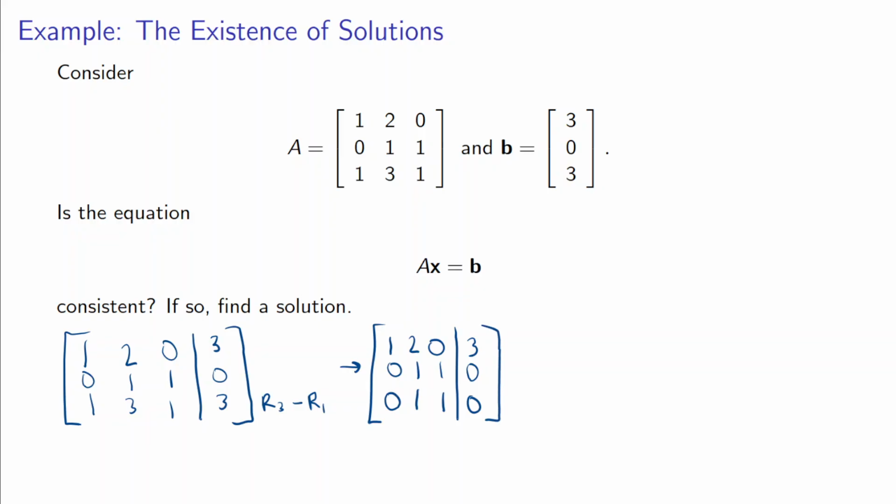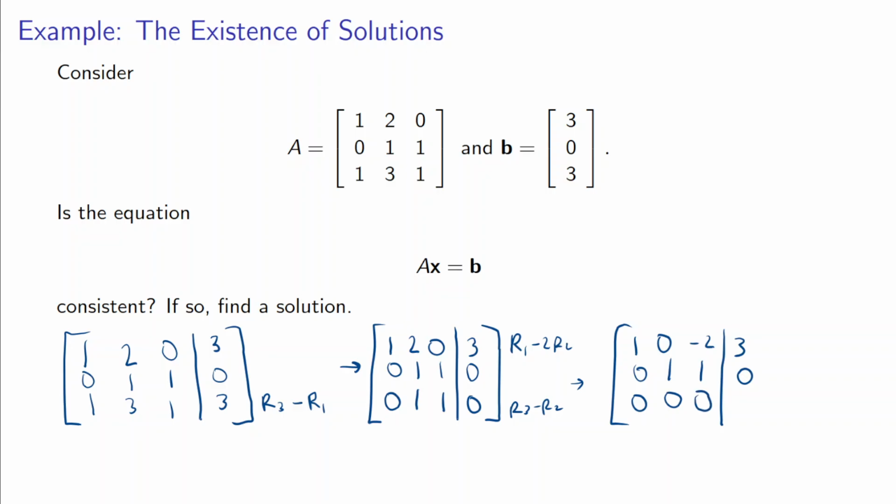And then we can do R1 minus 2R2 and R3 minus R2. So we get 1, 0, negative 2, 3; 0, 1, 1, 0; 0, 0, 0, 0.